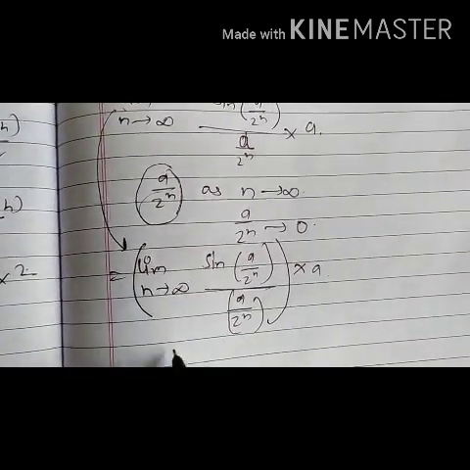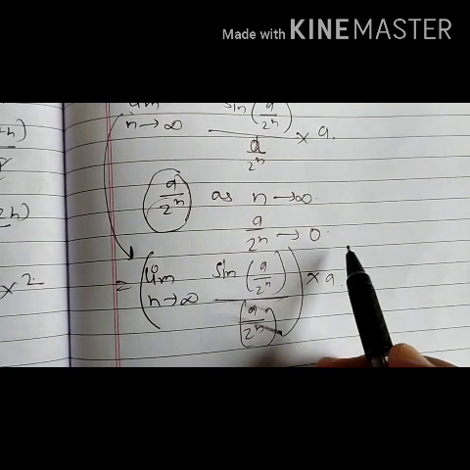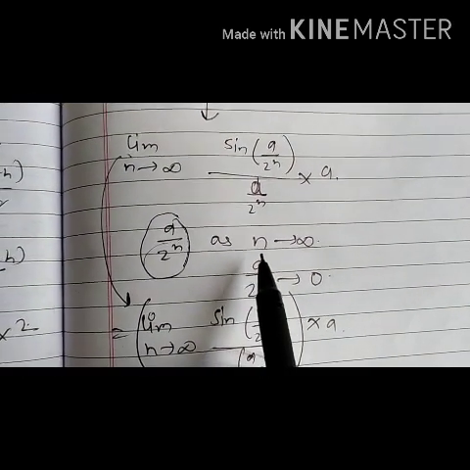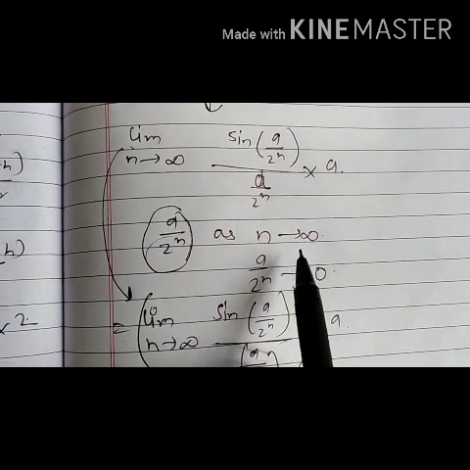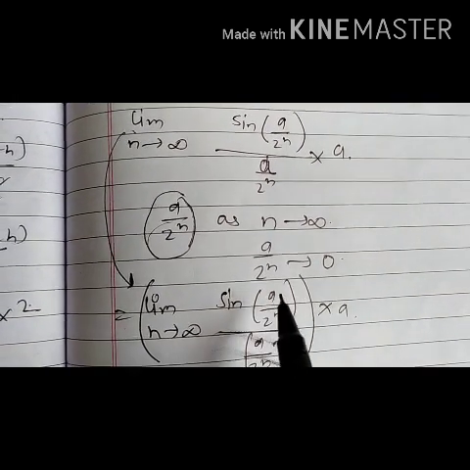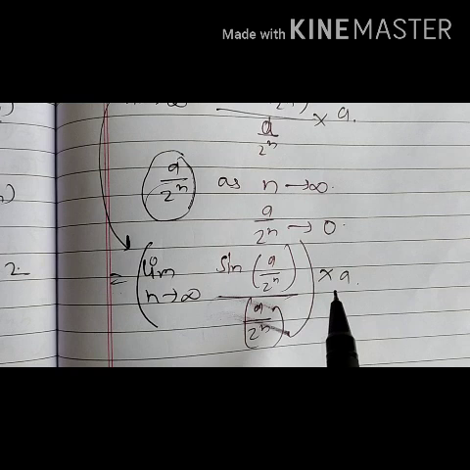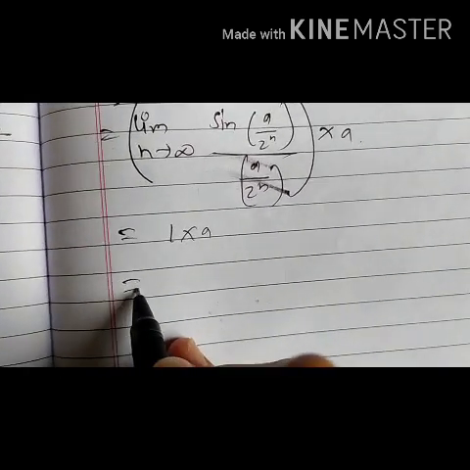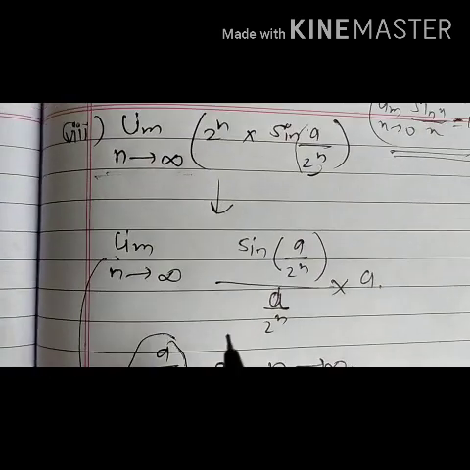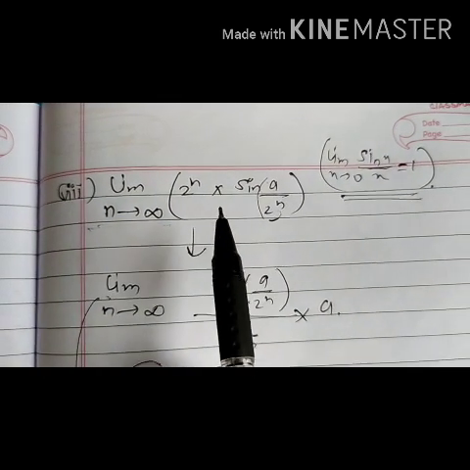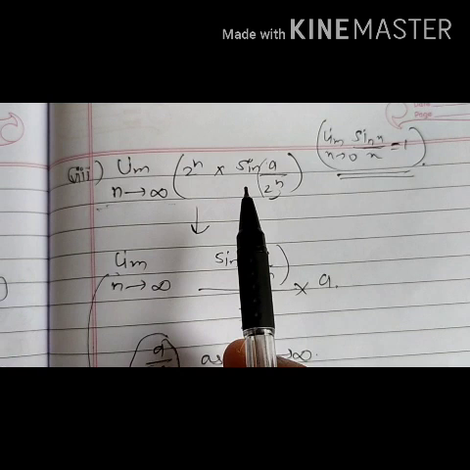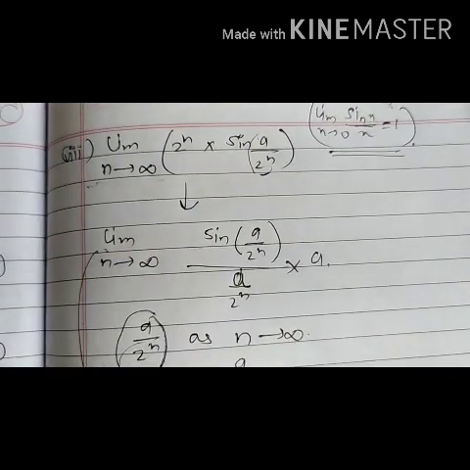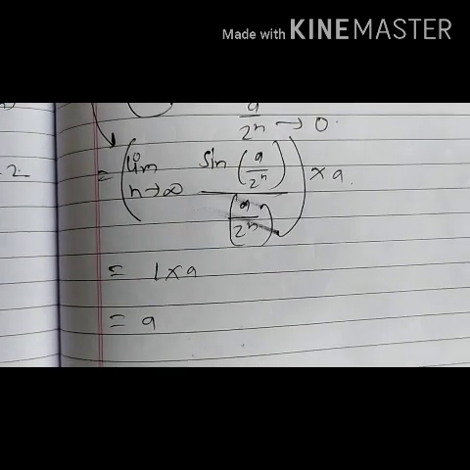So it will be equal to 1. Understood? This is very, very important. When your n is in the reciprocal and it is tending to infinity, the term will tend to 0. Okay. So now the limiting value will be 1 into a, that is equal to a. Understood? So limit of 2 raised to n into sine of a upon 2 raised to n as n tends to infinity is equal to a. Understood?